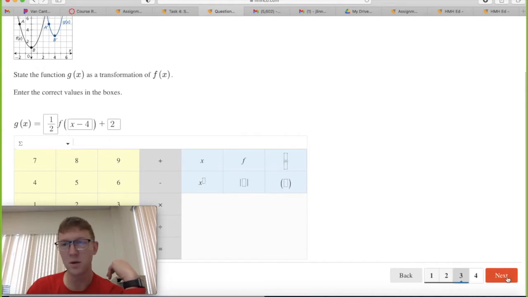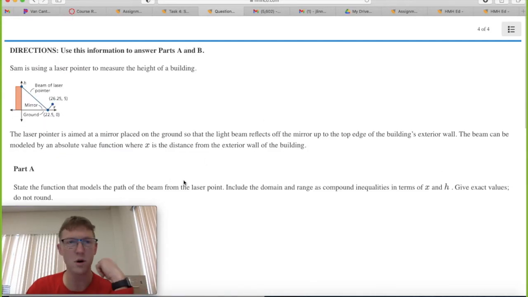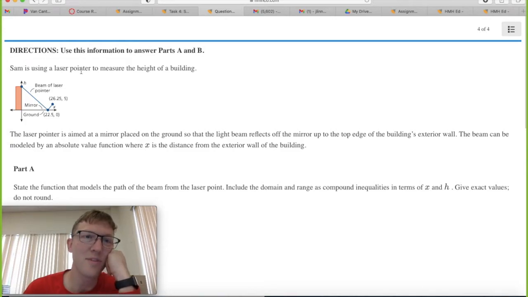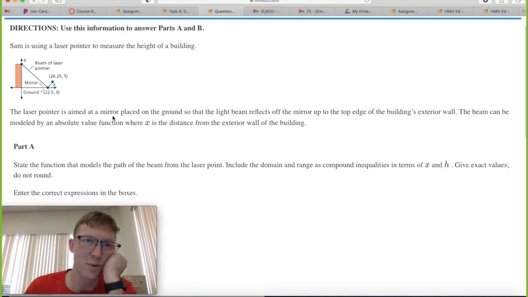Anyway, moving right along to number 4. Yay, trigonometry! Actually, it's probably not trig yet. I'm just kidding. Sam is using a laser pointer to measure the height of a building. The laser pointer is aimed at a mirror placed on the ground so that the light beam reflects off the mirror up to the top edge of the building's exterior wall.